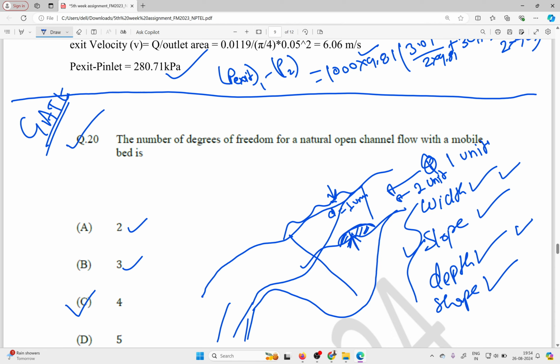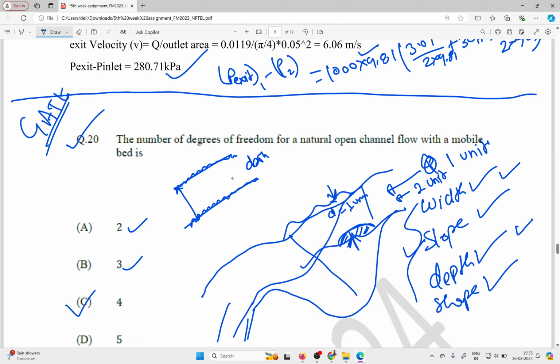Now if I say I want to line this bank, what will happen? Lining means concreting, so there is very little chance to increase the width of the river. But still, when you increase your discharge, depth will increase. So depth will be a degree of freedom.